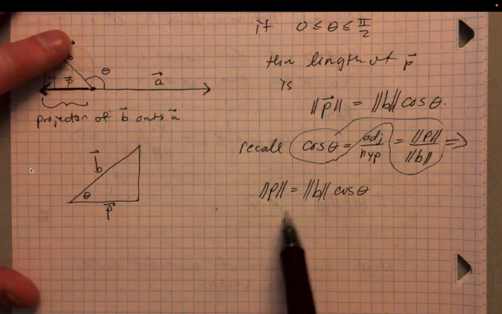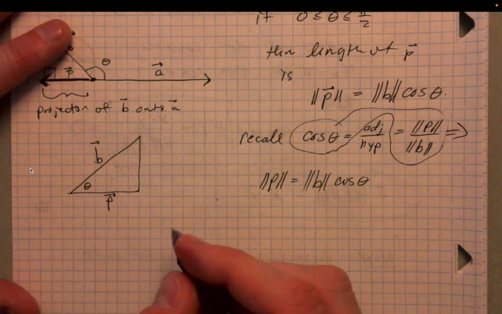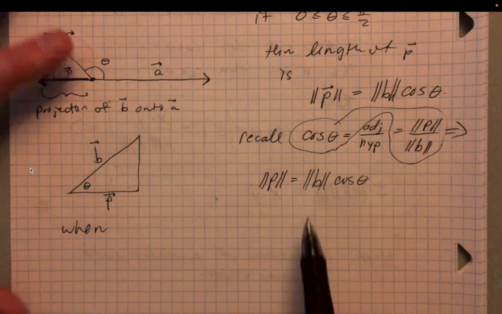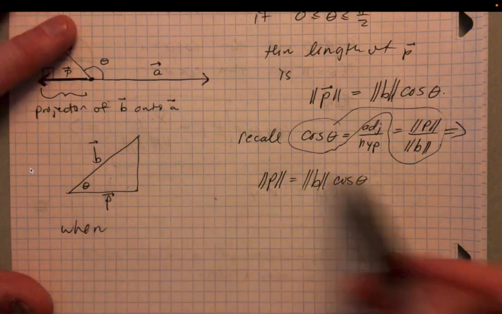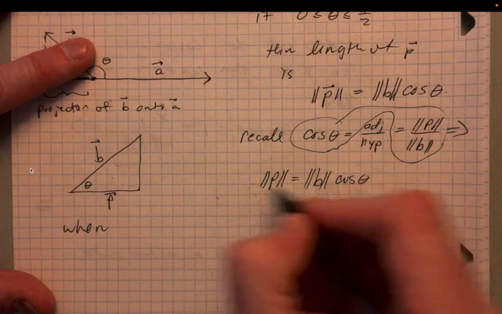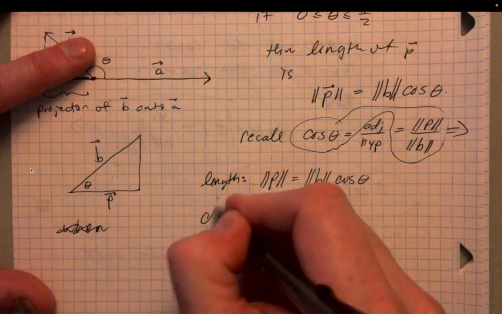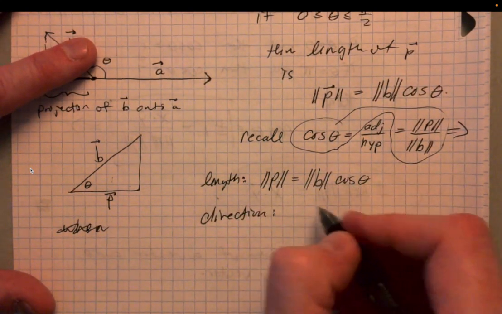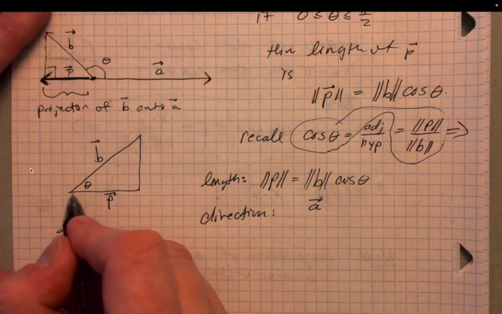And it's similarly for the other situation. Hold on a sec. So this tells you the length of P, and how do we know the direction of P? The direction of P in this case is going to be equal to, well, just take the A vector. Remember, A is down here.